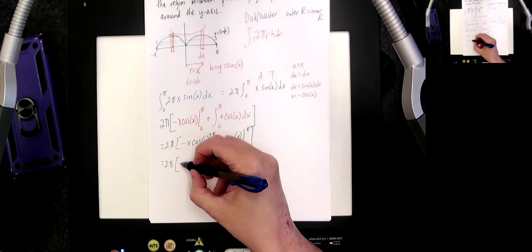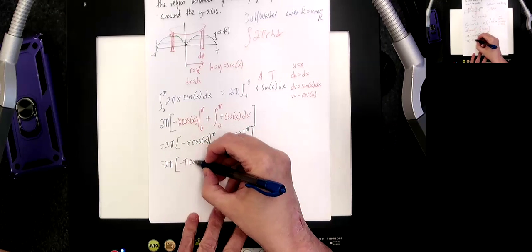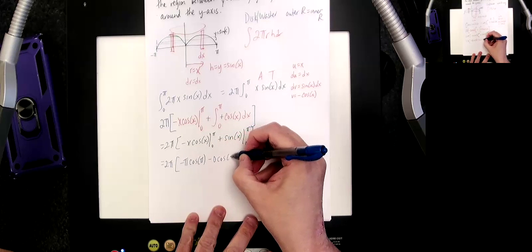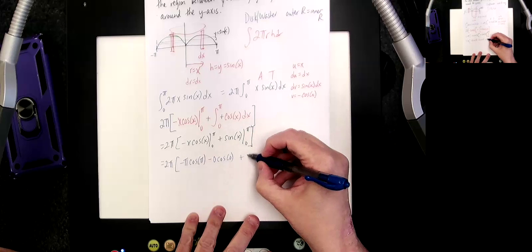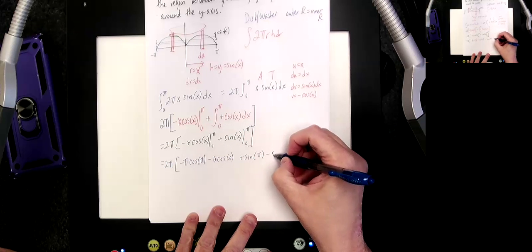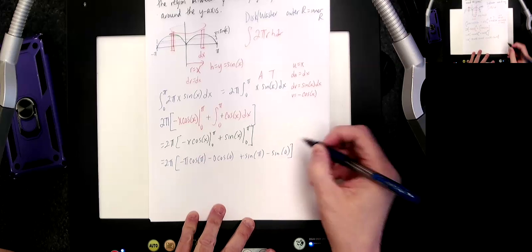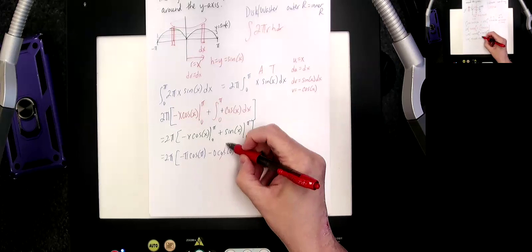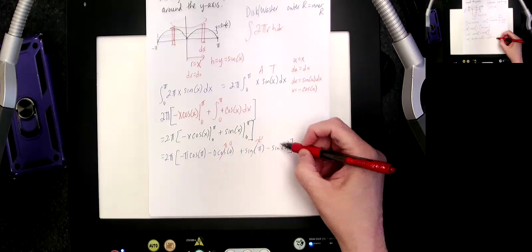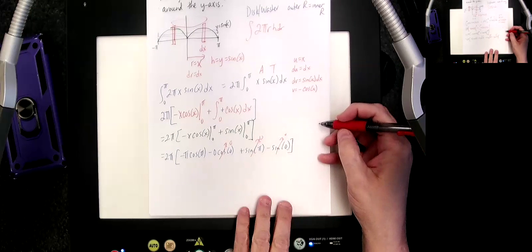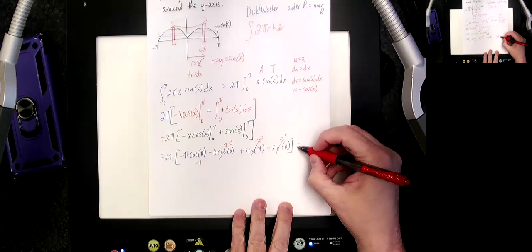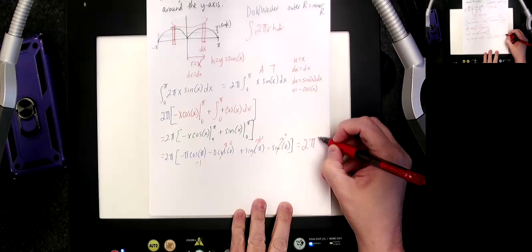I have negative pi cosine pi, minus 0 cosine 0, plus sine pi minus sine 0. That's 0, that's 0, that's 0. And cosine pi is negative 1. So this is 2 pi times pi, we just have 2 pi squared.